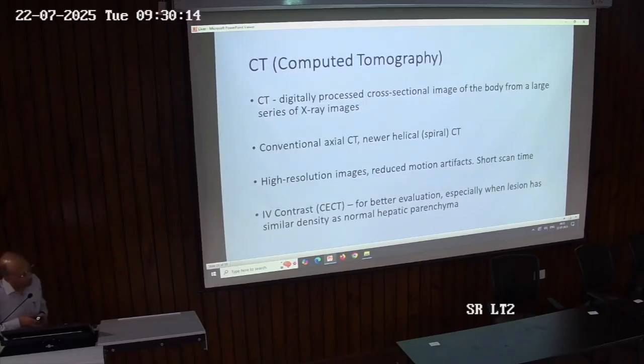Next we come to CT, or computer tomography. Essentially a lot of X-rays which are then compiled together and analyzed with the help of a computer to construct an image. The CT scan could be conventional, which is an axial CT, or it could be helical, wherein the gantry rotates around the patient.